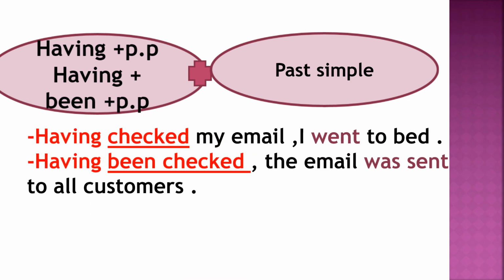And in the second sentence, we have the past simple and the second action. For example, having checked my email, I went to bed. Or having been checked, the email was sent to all customers.